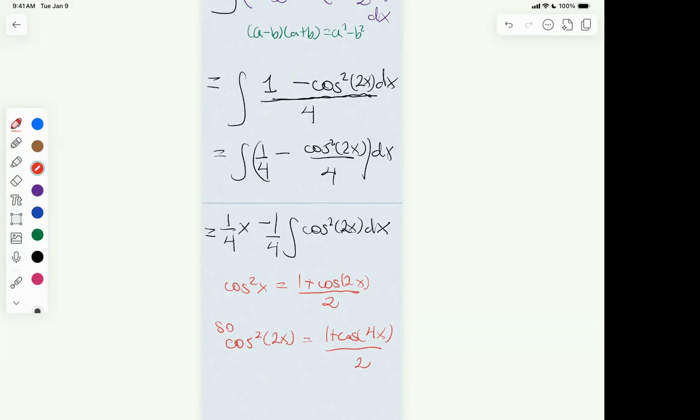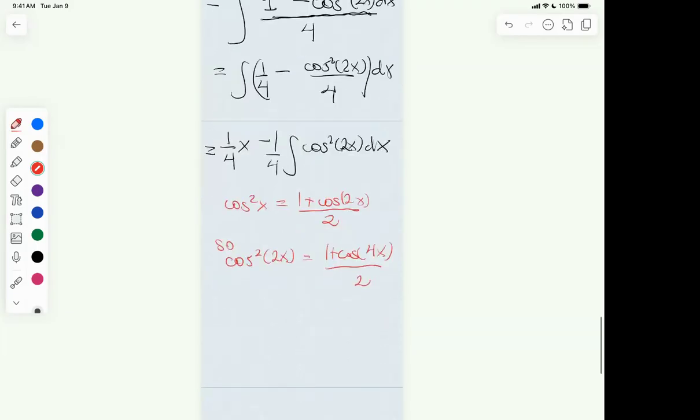Once you have that, this won't be too bad to integrate. So you will have 1/4 of x minus 1/4 of the integral of 1 plus cosine of 4x over 2, dx.